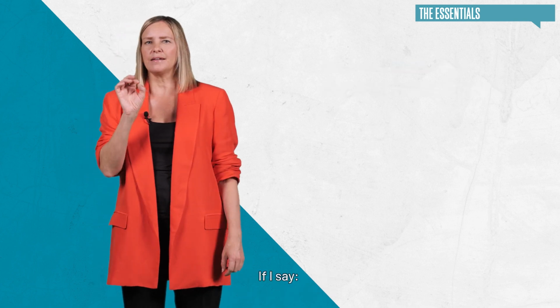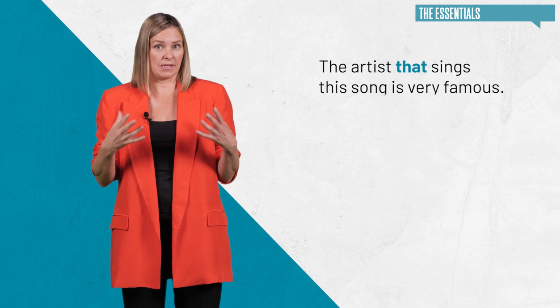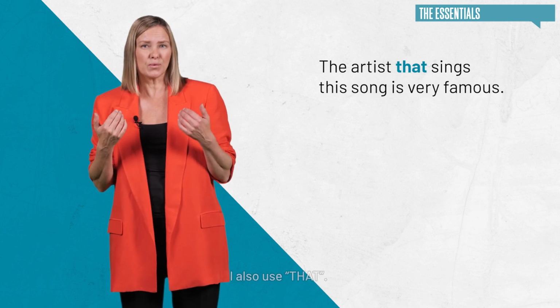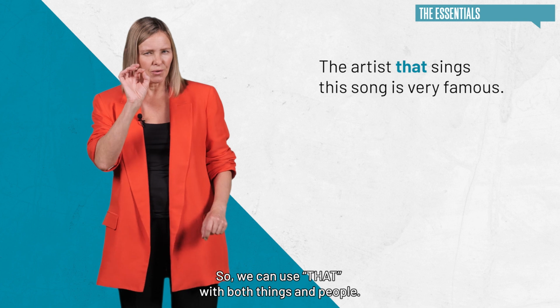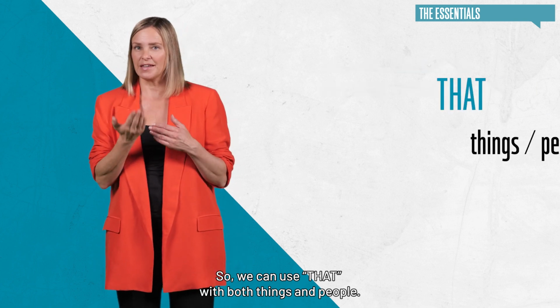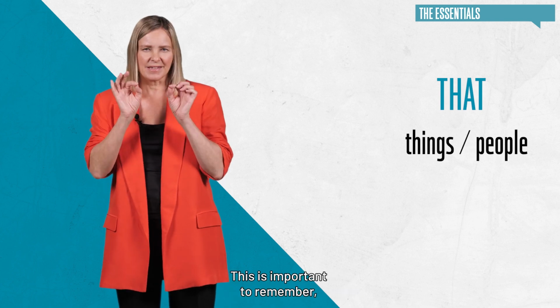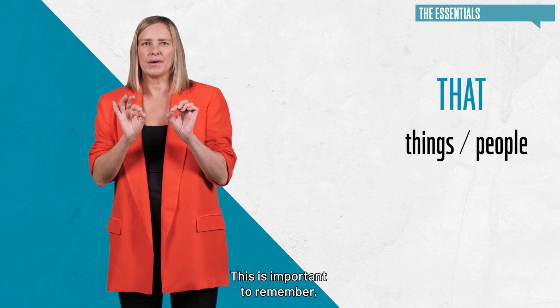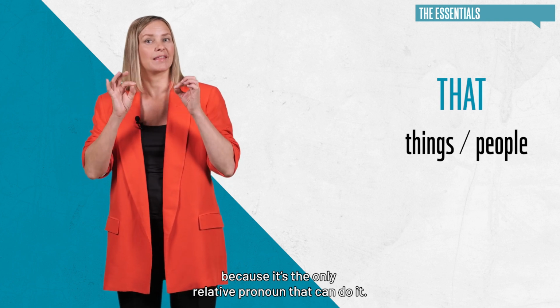If I say the artist that sings this song is very famous, I also use that. So, we can use that with both things and people. This is important to remember because it's the only relative pronoun that can do it.